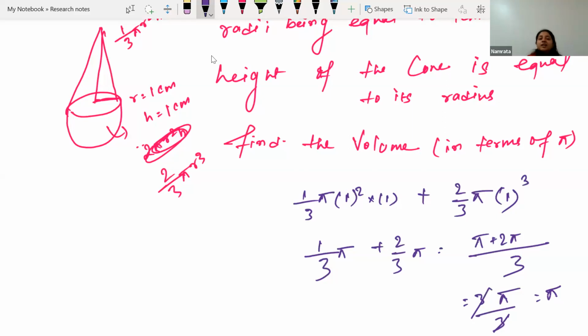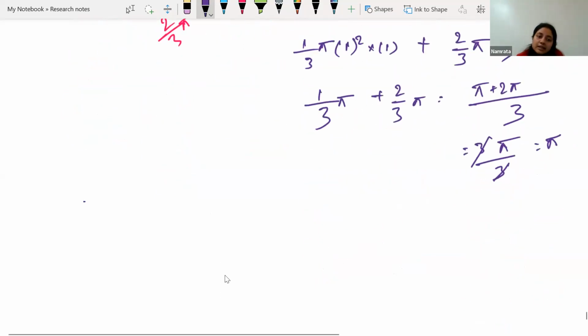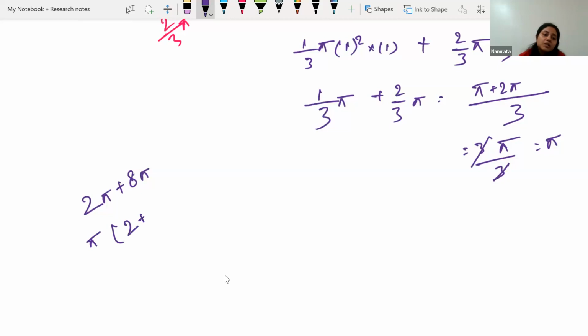Pi we are treating like an x. The way we treat any variable, we just see the like terms and add them. Similarly we are treating this pi. Instead of pi, if you have root 2 or root 3, pi is also an irrational number. Whenever you have such terms, let's say 2 pi plus 8 pi, we take pi out common and add 2 plus 8, that became 10, so it became 10 pi.